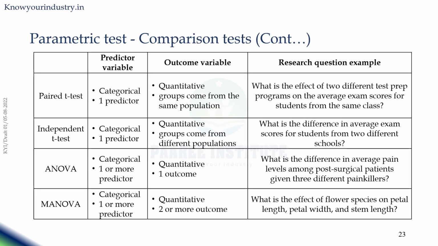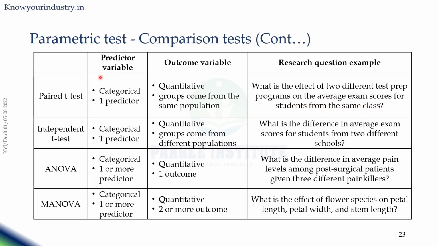So for the parametric comparison tests, when, what, and how the paired t-test, independent t-test, and ANOVA are used, we are going to see in this particular table. For example, a paired t-test will be used when a research question arises like, what is the effect of two different test preparation programs on the average exam score for the students from the same class?